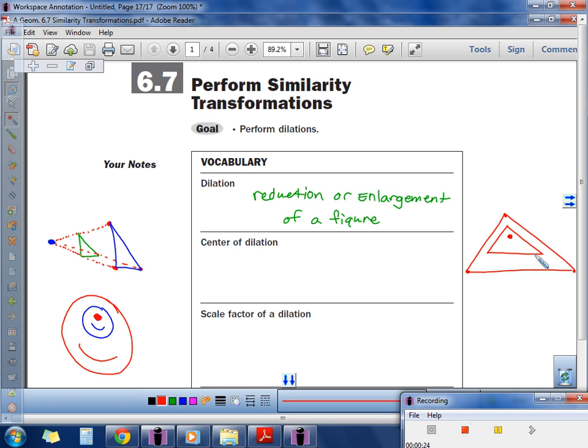So what's a scale factor? It's usually represented by the letter K. We've talked about this before. It's a number that you multiply all the coordinates by.